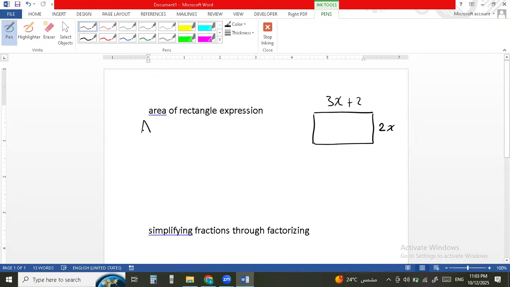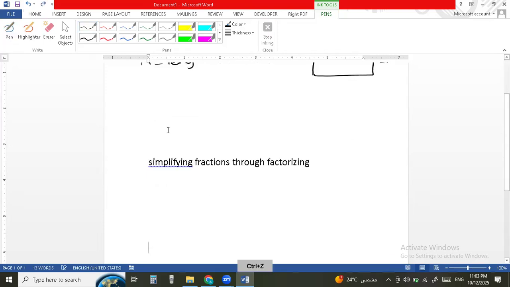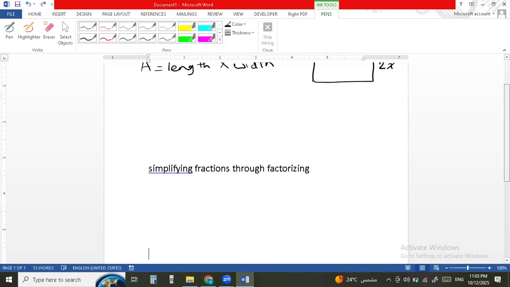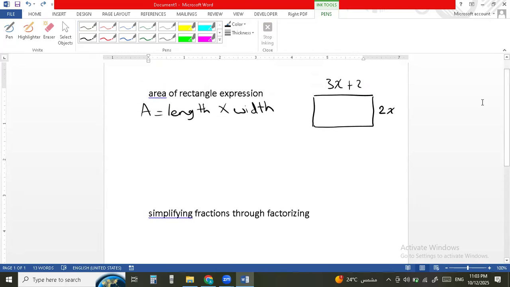Mister, I know that area is length times width. Then what am I going to write over here? I need an expression for the area. So it is length times width. Length times width, no problem. The length here is 3x plus 2.